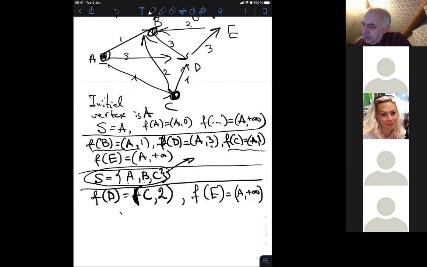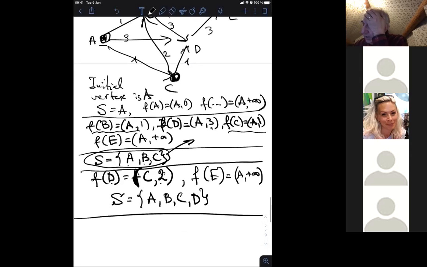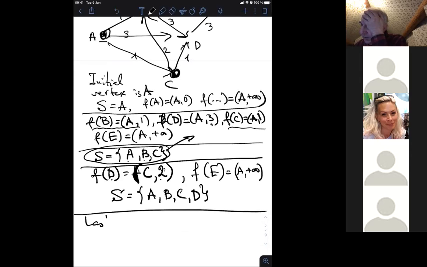So my current set S, I have to add my vertex D, because my complement consists of D and E, and D has the current weight 2, and E has current weight plus infinity. So I'm adding D to my set. A, B, C, and D. And now the last iteration.